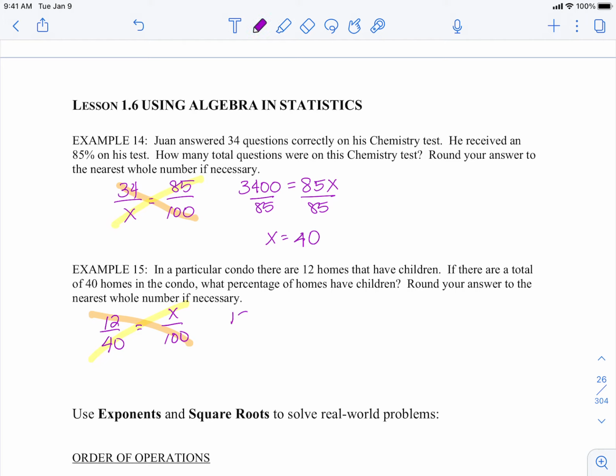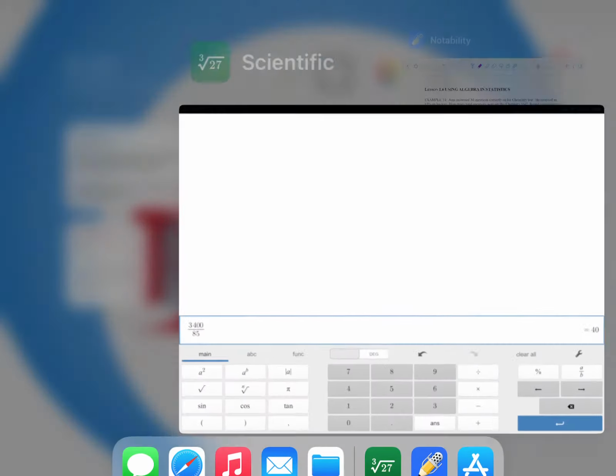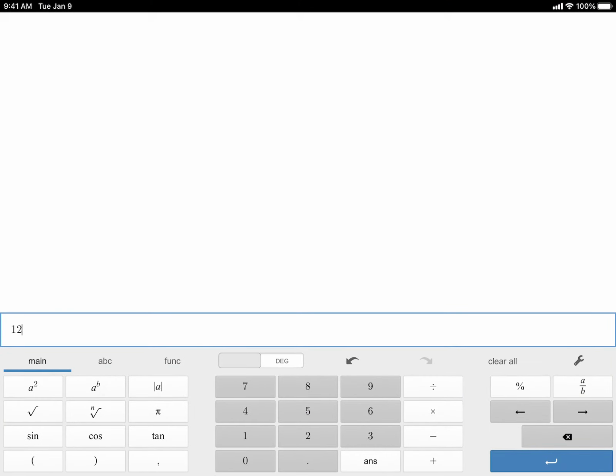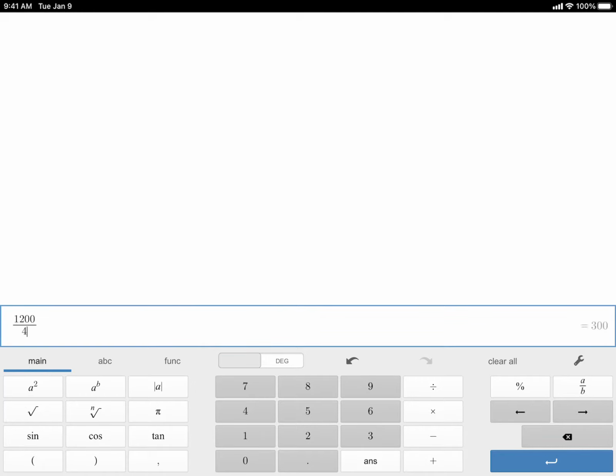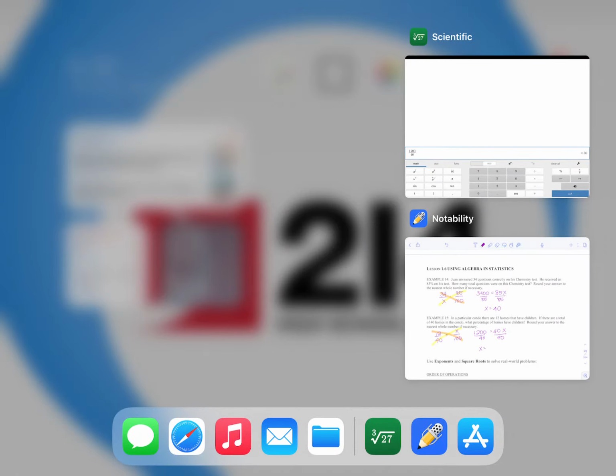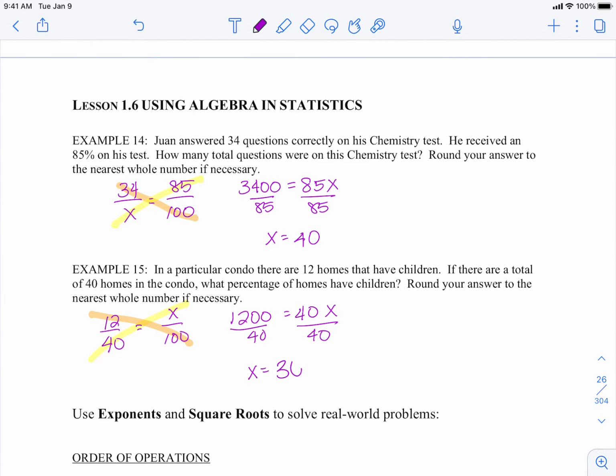So we have 1,200 equals 40x. Divide by 40. 1,200 divided by 40 is 30. So x equals 30, and here we were solving for the percent.